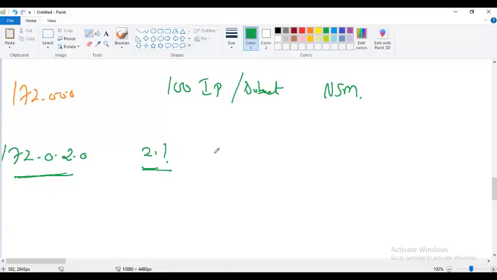Correct. 256 is actually in the second octet, first bit. Face value the one dot. What is the next question?